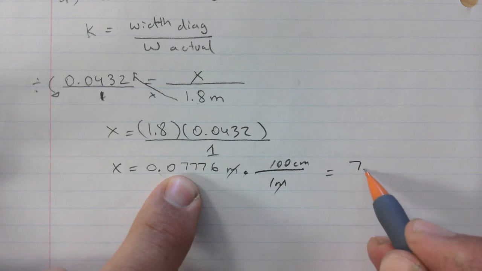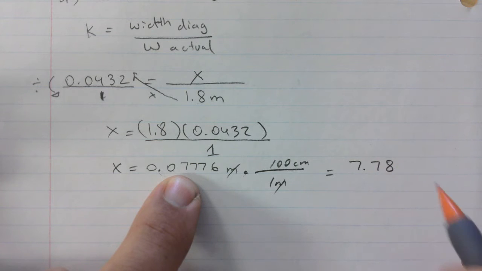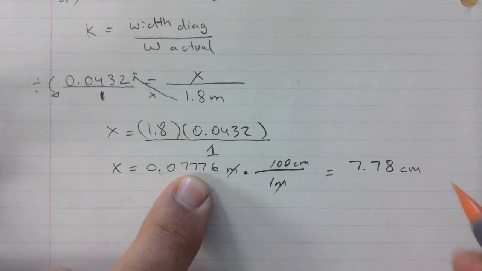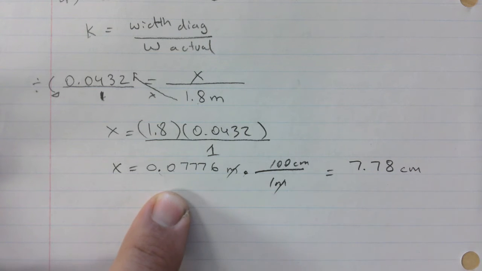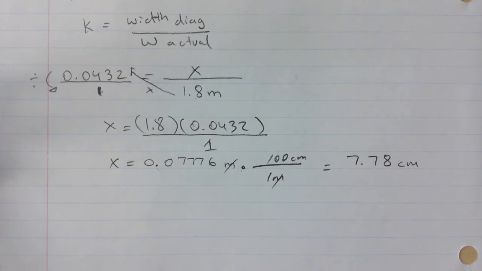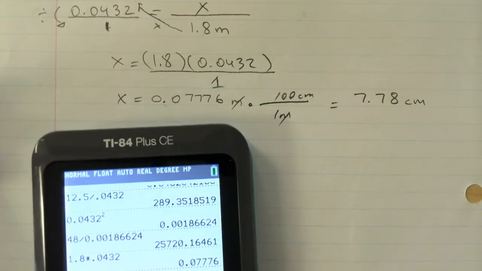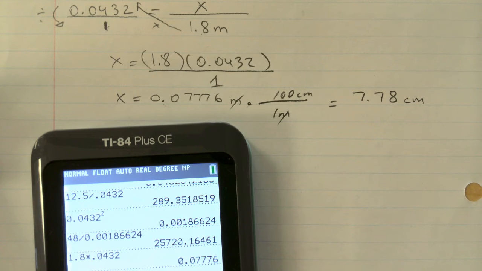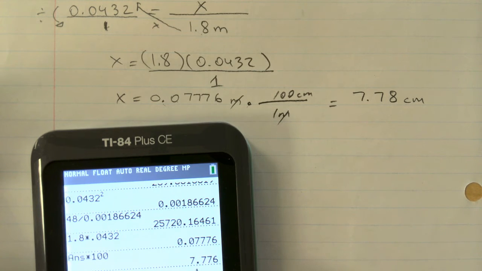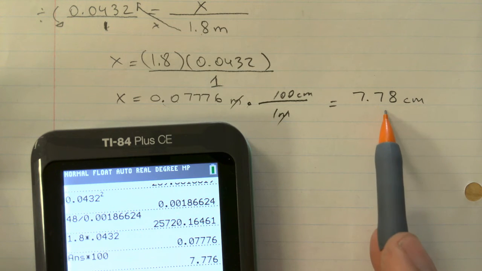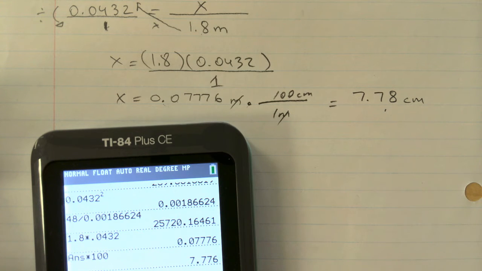So it's 7.78 centimeters if you round it. In case some of you are wondering, what did he just do? I just went times 100, and then I round my final answer here to 2 decimals. I would probably ask you on a test, state your final answer in centimeters, most likely. Yeah, most likely.